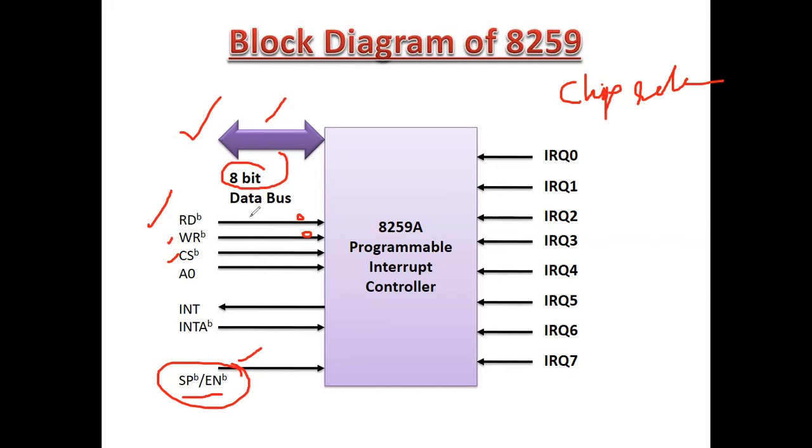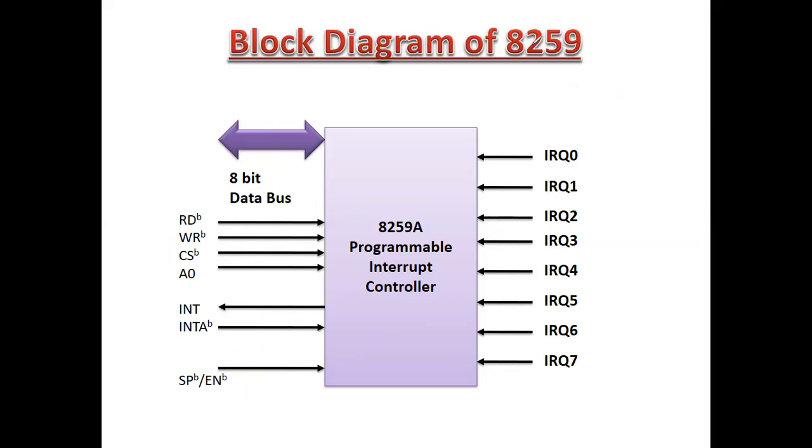So these are the different pins. This is the 8-bit data bus. This is read, write, chip select, address, and INT pointing towards the CPU, connected to the interrupt signal of the CPU.